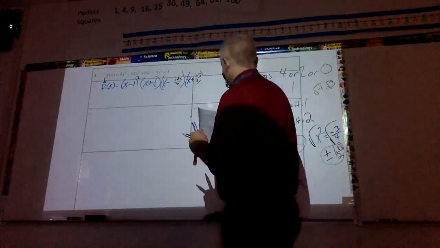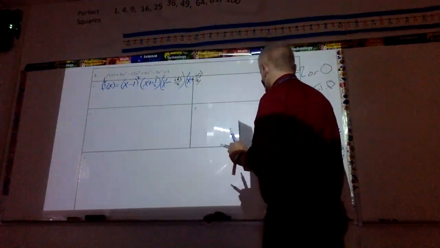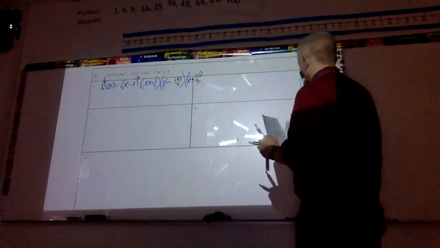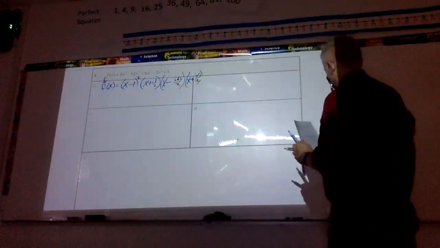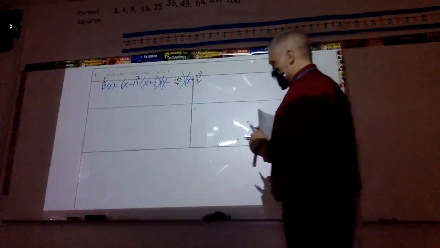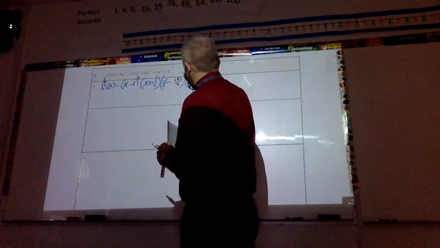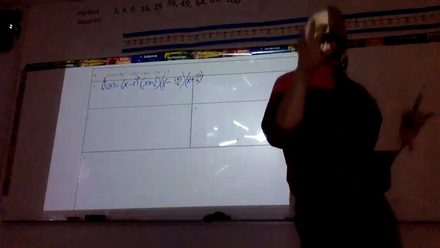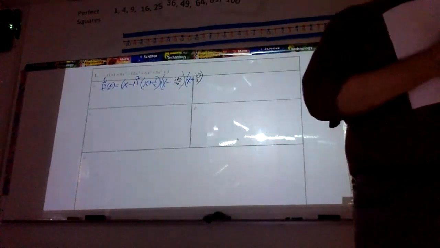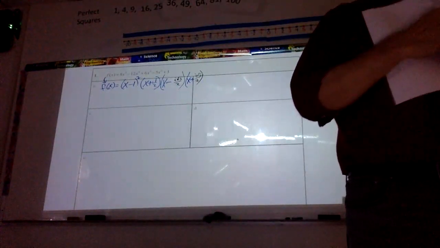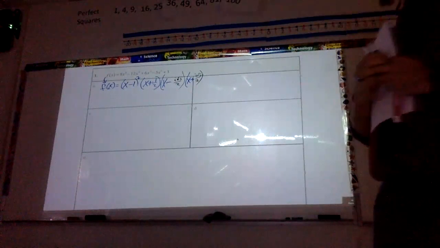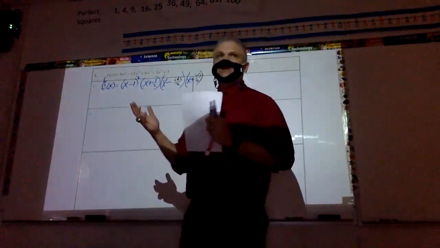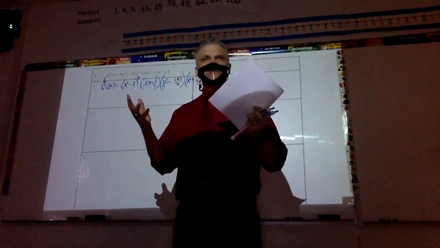I only have one problem with it. It's not the same polynomial. Tell me about the coefficients in a polynomial. In general, we want to have whole numbers as coefficients.